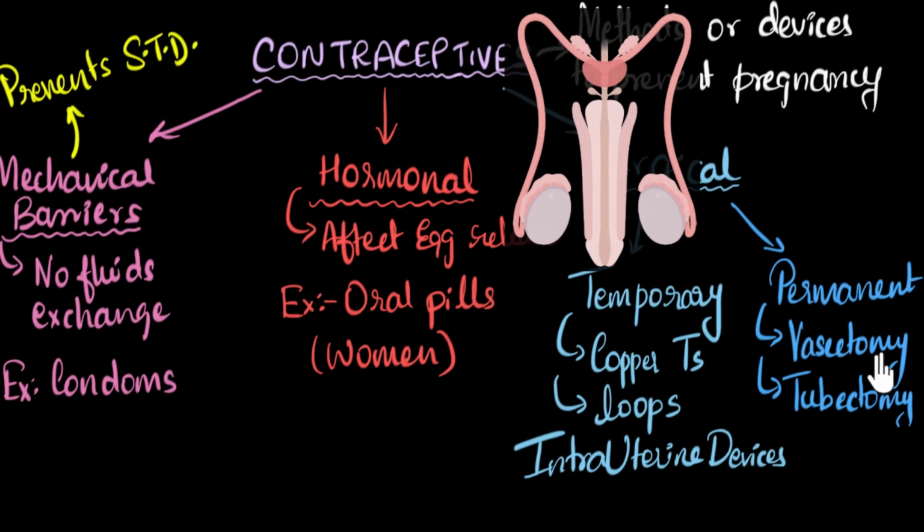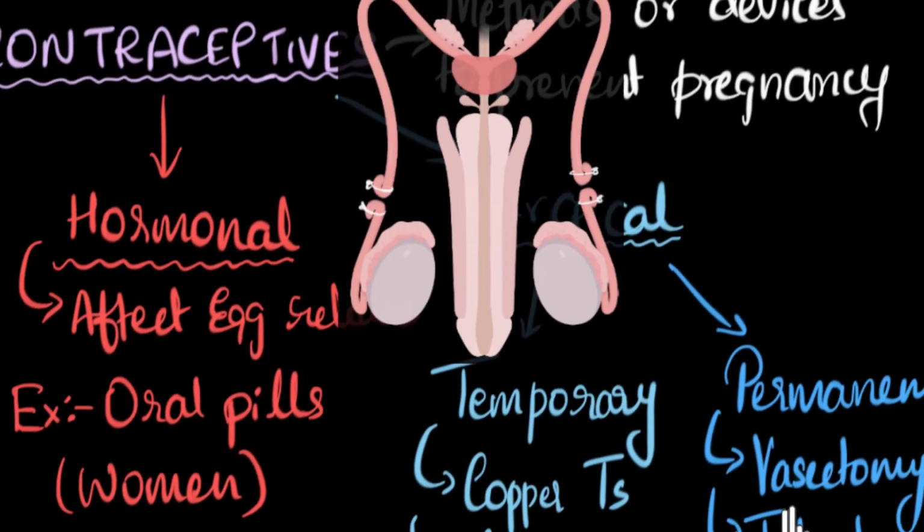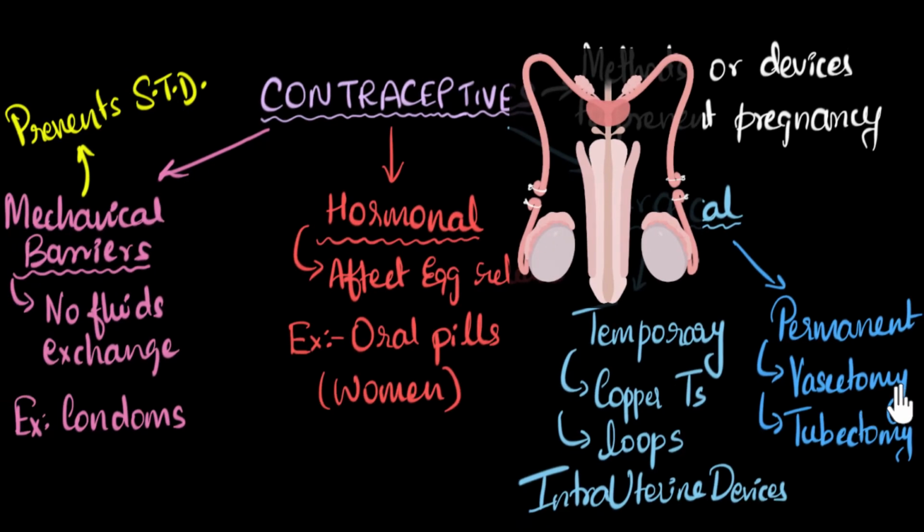So in vasectomy, doctors will cut this vas deferens and put a knot over there. This will ensure the sperms will never reach the penis, and so the ejaculated fluid, the semen, will never contain sperms. Since we're cutting the vas deferens, it's called vasectomy.